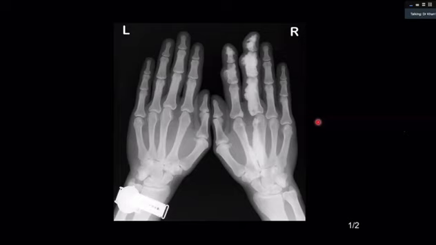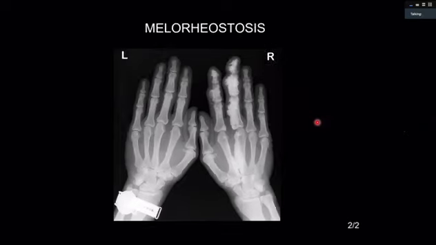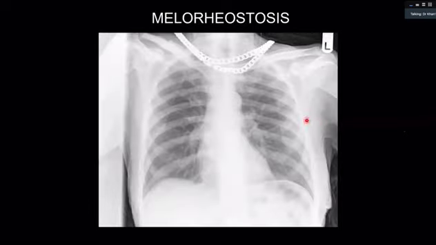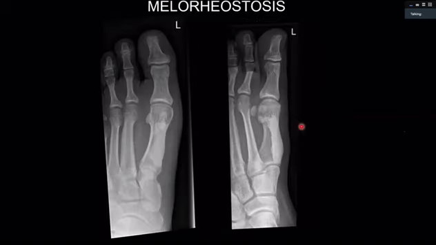This is in the hand, and this is in the clavicle, this one here. This is in the first metatarsal here. So if you know it, it becomes very simple. Otherwise, you will always be struggling with it.